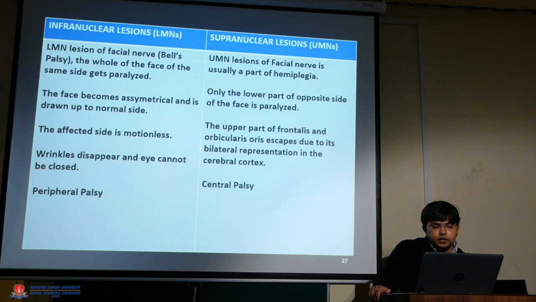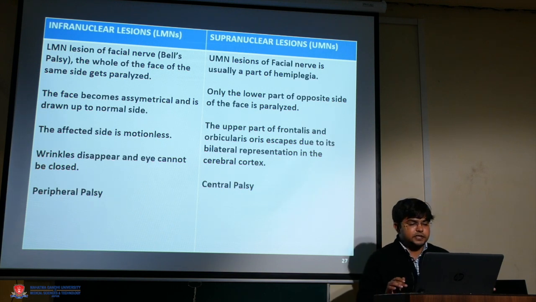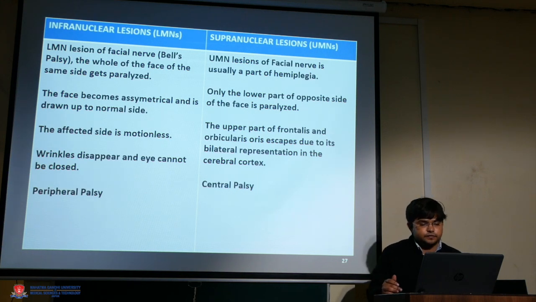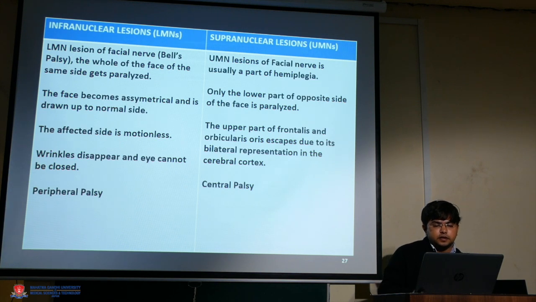In the upper motor neuron type, the upper part, the frontalis and orbicularis oculi, escapes due to its bilateral representation in the cerebral cortex. In the lower motor neuron type, wrinkles disappear and the eye cannot be closed. In the upper motor neuron type, these features are not present due to the bilateral nerve innervation.